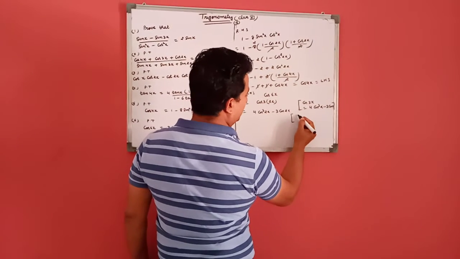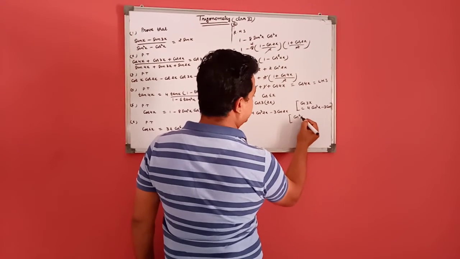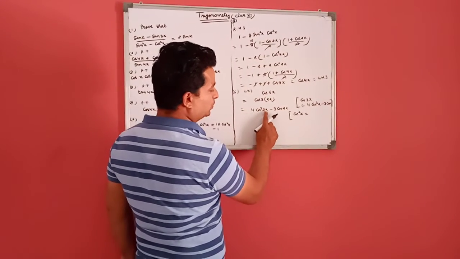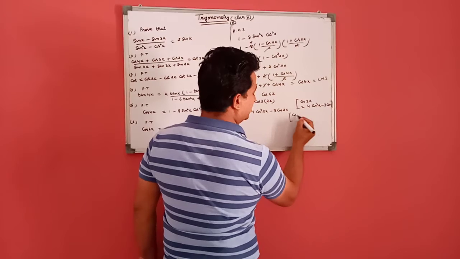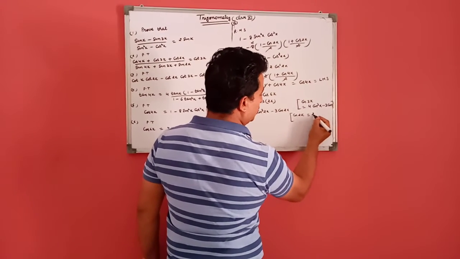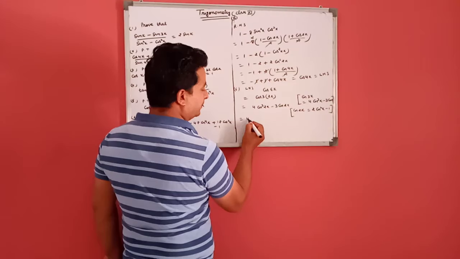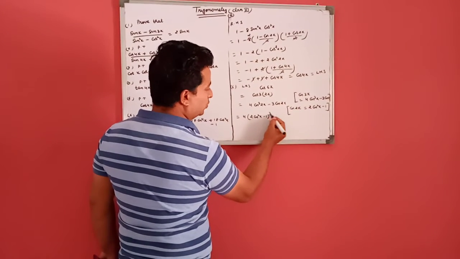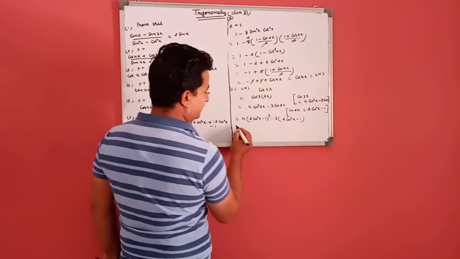After this we get 4 cos cube 2x minus 3 cos 2x. After this we apply the formula cos 2x as 2 cos square x minus 1. 2 cos square x minus 1 whole cube. 2 cos square minus 1.